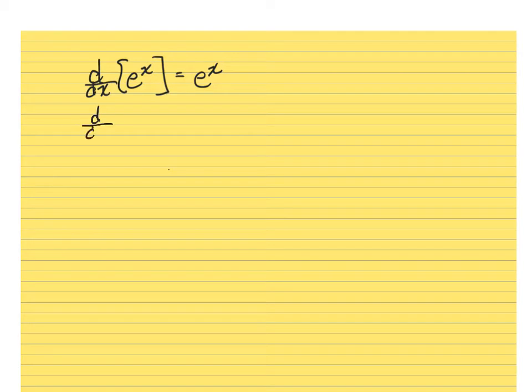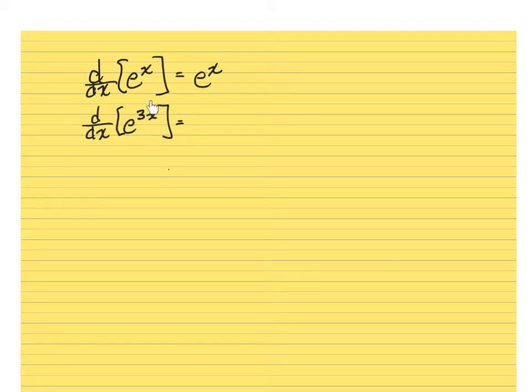But if we change it a little bit, if we add a little bit more to that function, then all of a sudden, in order to differentiate that, we have to use the chain rule. The chain rule says, take the derivative of the outside function, which is this e to the x function, and then we've got this inside function, which is just 3x. So 3x is inside of the exponential function.